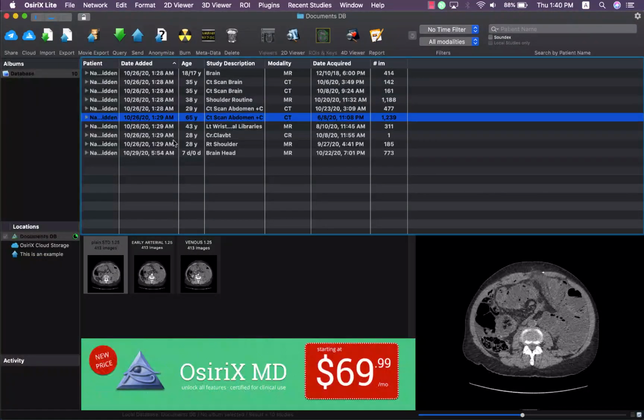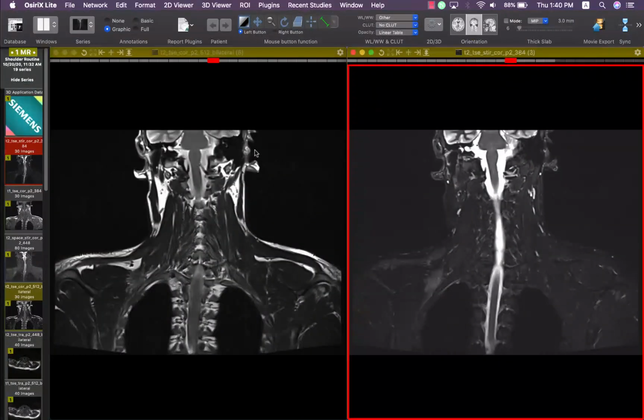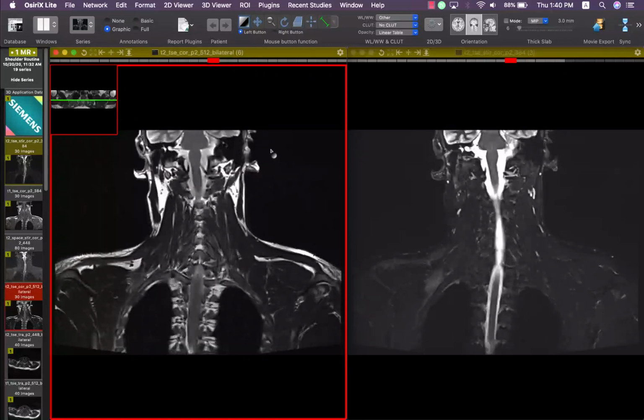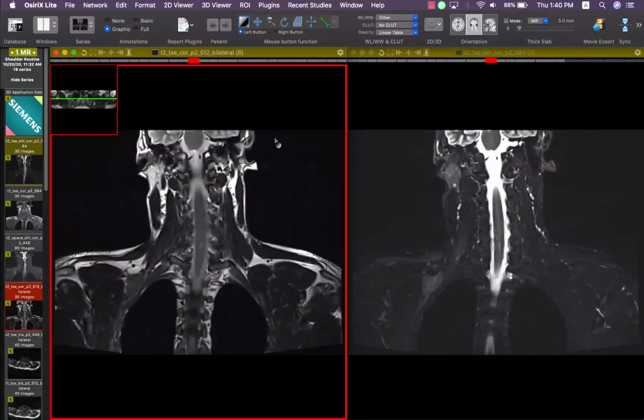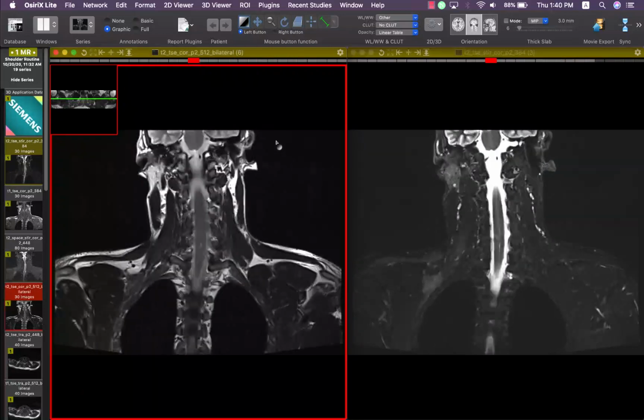Next, a few cases will be discussing the MSK, and the first case here is a 38 year old male who came with a history of stab wound to the root of the neck, with suspected brachial plexus injury.